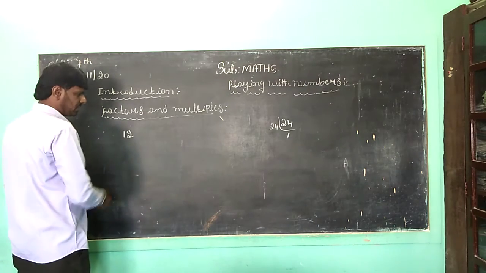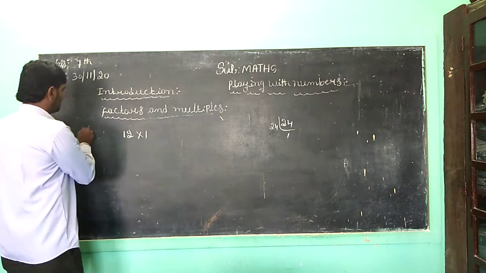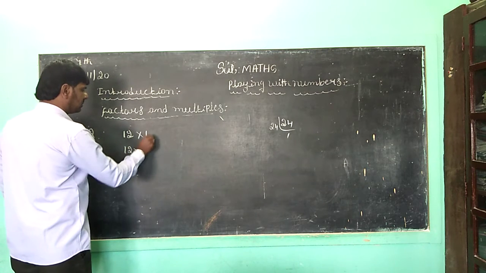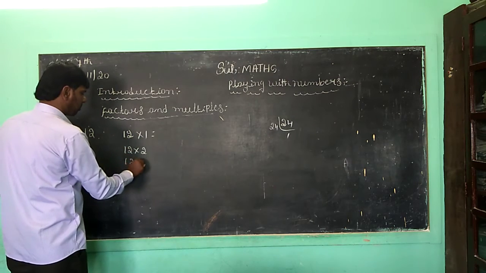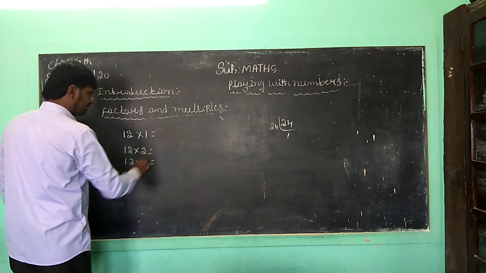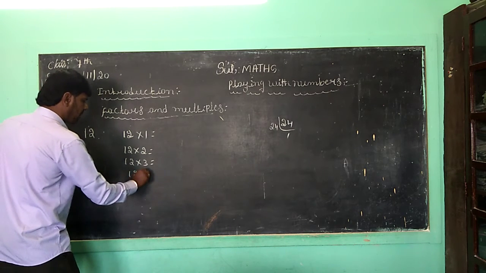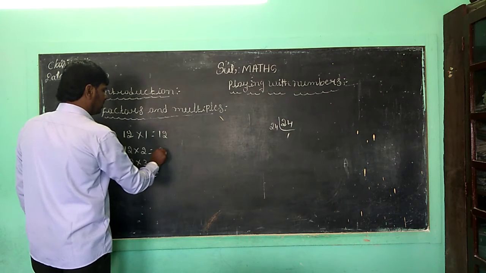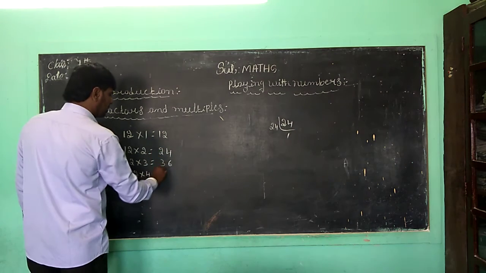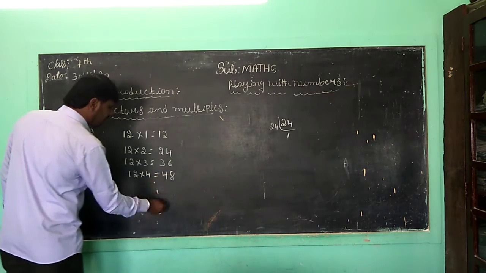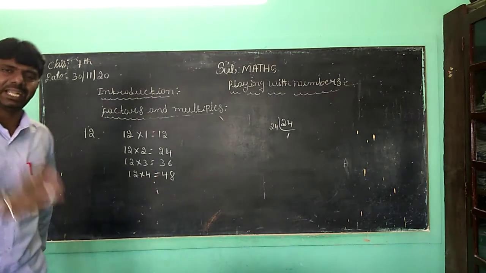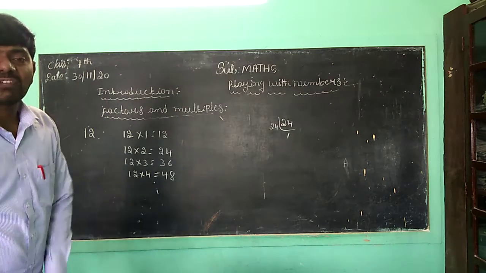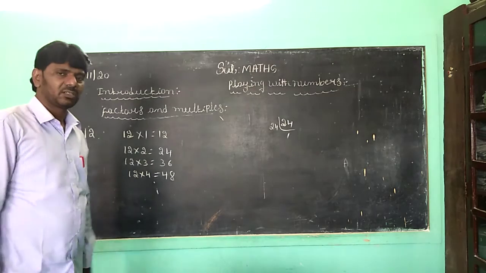So multiples of 12 we write: 12 times 1 is 12, 12 times 2 is 24, 12 times 3 is 36, 12 times 4 is 48, and so on, children. Infinite means never ending. We can easily identify the first number, but we cannot identify the last number. That is infinite.